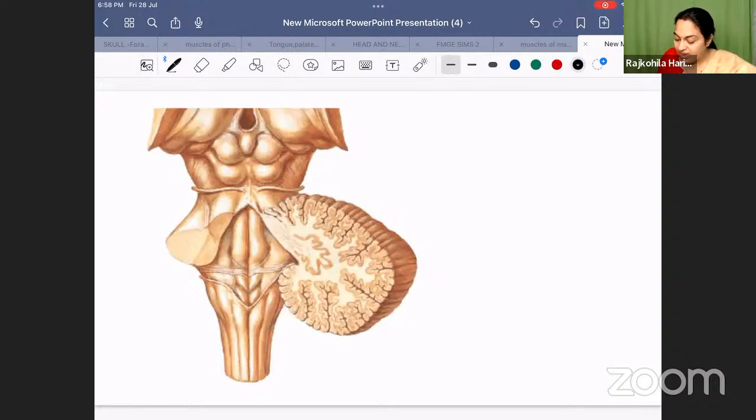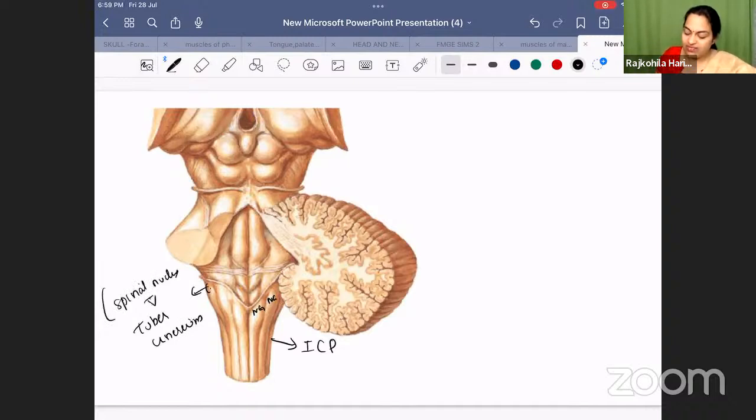We just now saw this is your nucleus gracilis, nucleus cuneatus. This is the inferior cerebellar peduncle. And above that, you see another elevation called the tuberculum cinereum. What lies underneath the tuberculum cinereum? The spinal nucleus of the trigeminal nerve. And one more here, on the floor of the 4th ventricle, this is the superior vestibular area, and this is the inferior vestibular area, which is going to have the vestibular nuclei.